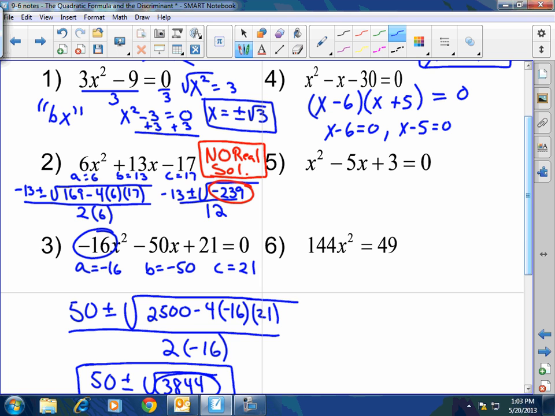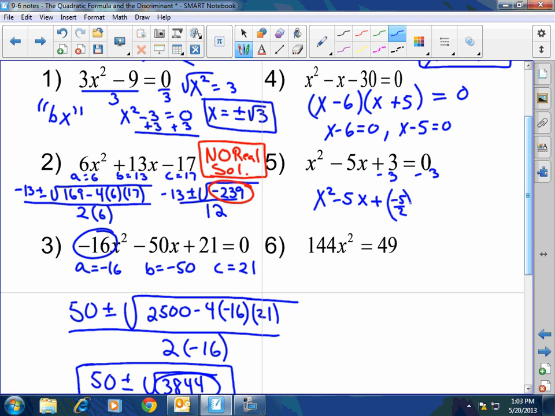Number 5. Well, I could use completing the square, or I could use a quadratic formula here. It's not factorable, and my a is 1. So I could use the completing the square, which I'm going to go ahead and do. I subtract 3 to both sides, so I have x squared minus 5x plus, I have to complete the square, so that's b over 2.